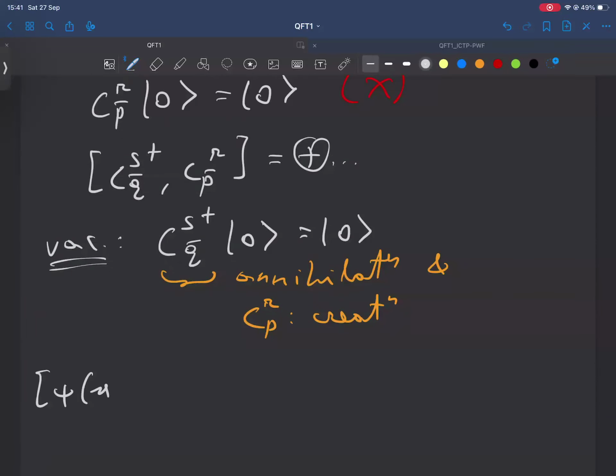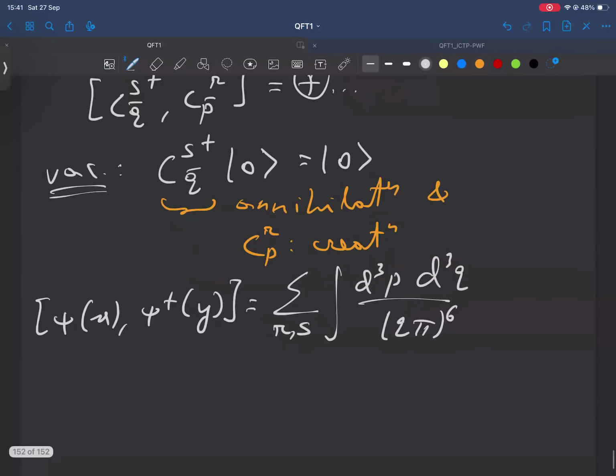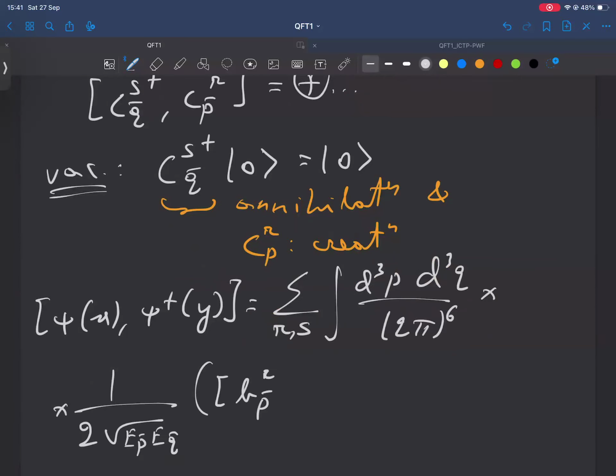So psi x, psi dagger y, sum over the spins r and s, and now we will work in momentum space. So 2 pi 6, because these ladder operators are in momentum space. 1 by 2 EP EQ, and the commutator is between BP R and BQS.